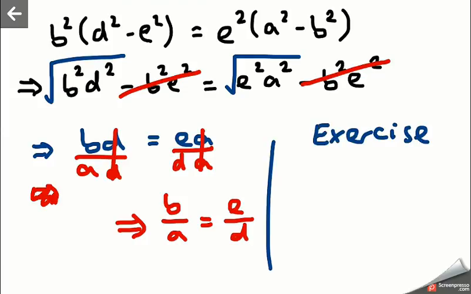For an exercise, show that c divided by a equals f divided by d. It's not particularly hard, I don't think. Well, it's easy for me when I've been doing math for years to say that something's not hard. What I mean is if you paid attention to this and you think about it carefully, it shouldn't give you too much trouble. Just flip the triangle up the other way if you want to and use Pythagoras' theorem again.